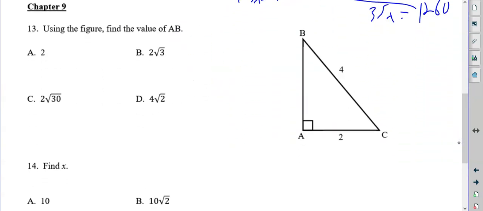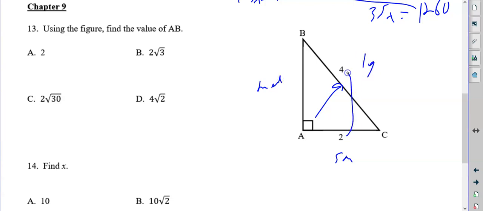All right, what we have here, using the figure, find the value of a, b. Now, we don't exactly know what the triangle is, but we do. Here's my hypotenuse. We don't know it for sure. It looks like this is the small side. I mean, visually, we don't assume, but this is the medium, and this is the large.